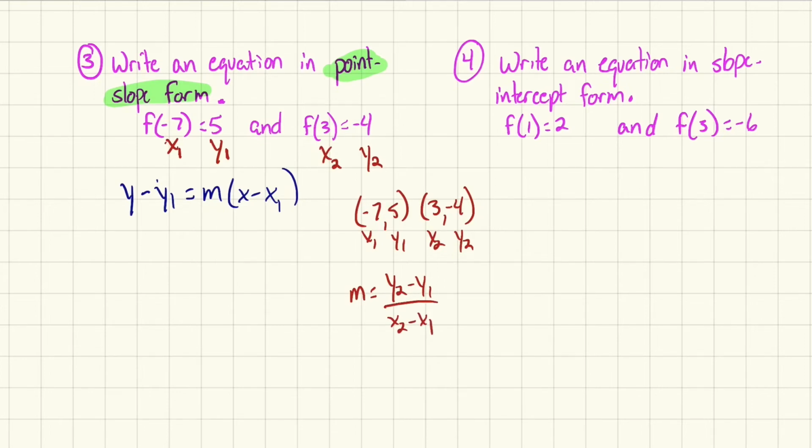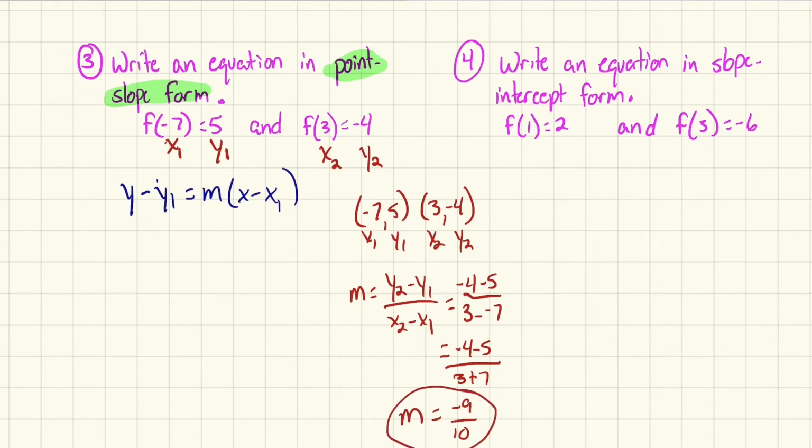That's going to end up being equal to negative 4 minus 5 over 3 minus negative 7, which is equal to negative 4 minus 5 over 3 plus 7, which is equal to negative 9 over 10. All right, so now we got our slope is negative 9 over 10.